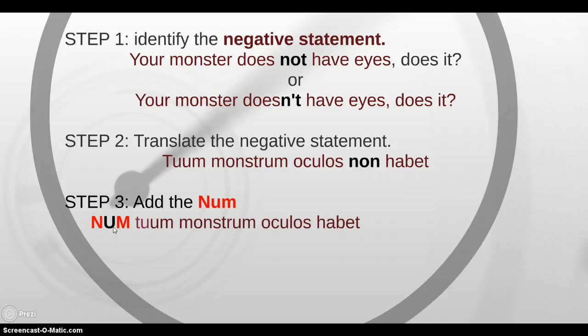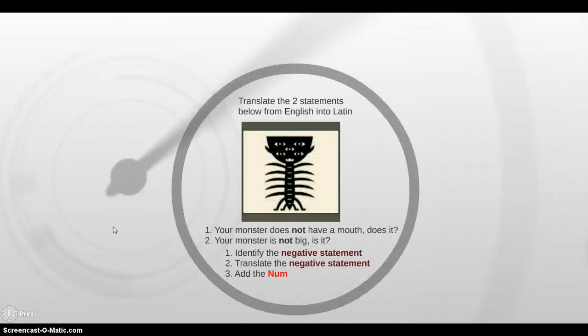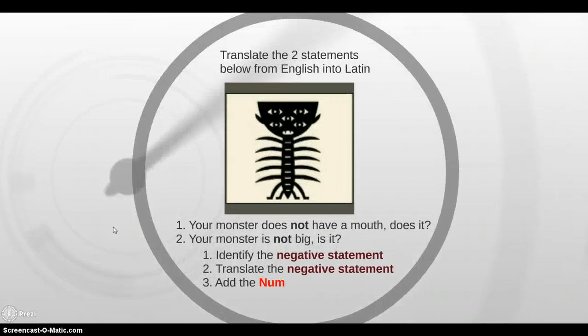Blue, pens and pencils. Translate the 2 statements below from English into Latin. Your monster does not have a mouth, does it? Your monster is not big, is it? Number 2 reminds me of Altissima.